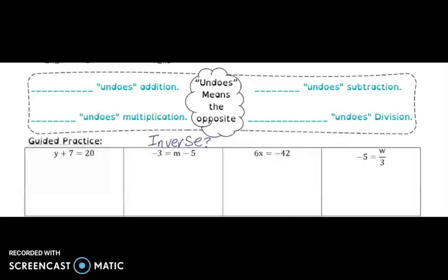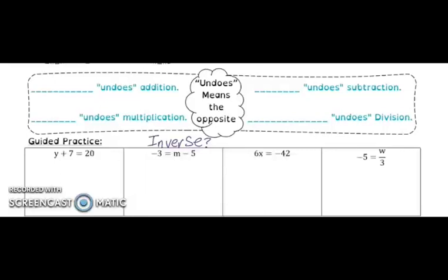Okay, I want you to take a second and fill in these 4 blanks. And then we'll talk about this and I will show you some examples. Go ahead and take a second. So when we say blank undoes addition, what is the inverse or the opposite of addition? Yes, subtraction.